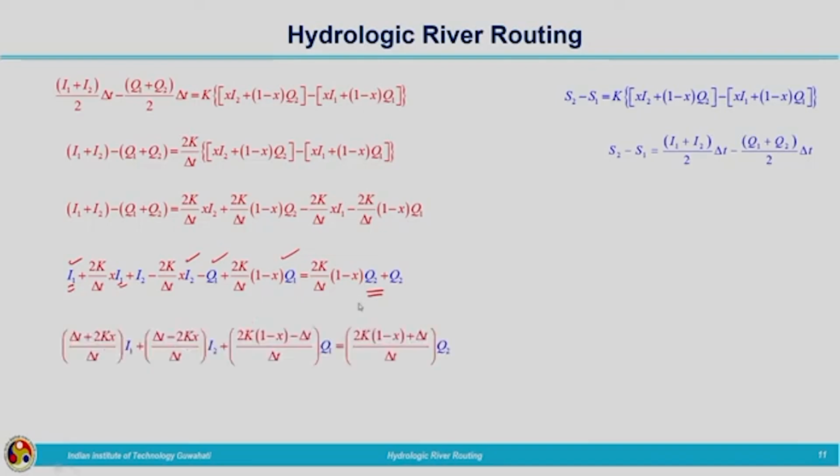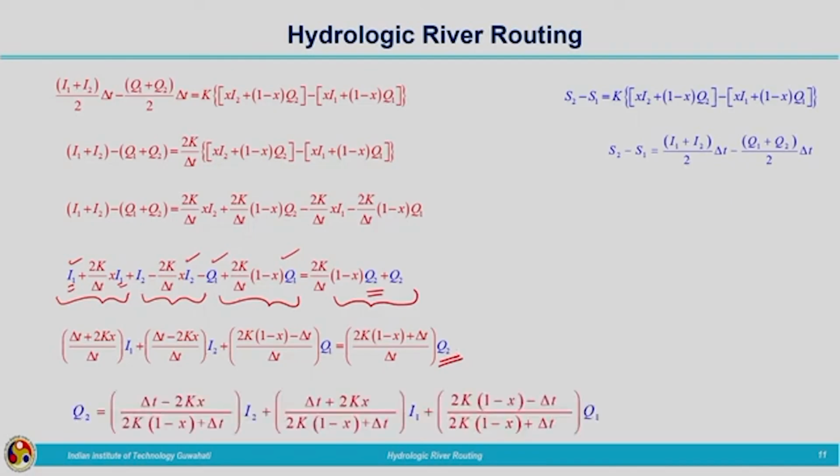We can simplify this equation again, combining all the terms related to I1, I2, Q1 and Q2. The equation takes the form like this, but we need to find the expression for Q2. So, we will write Q2 in terms of I2, I1 and Q1. The values of I2, I1 and Q1 are known to us.